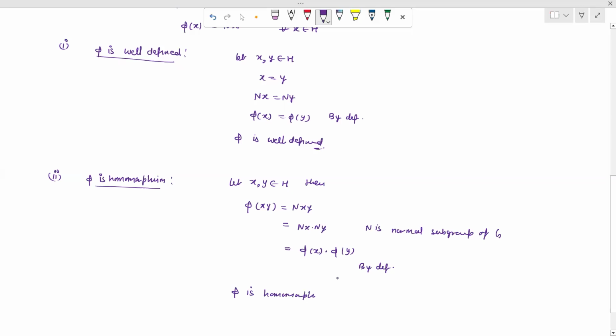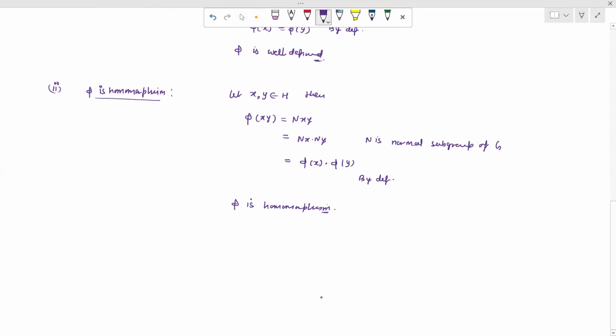After proving the function is a homomorphism, we shall prove that the function is onto. So third part, phi is onto.